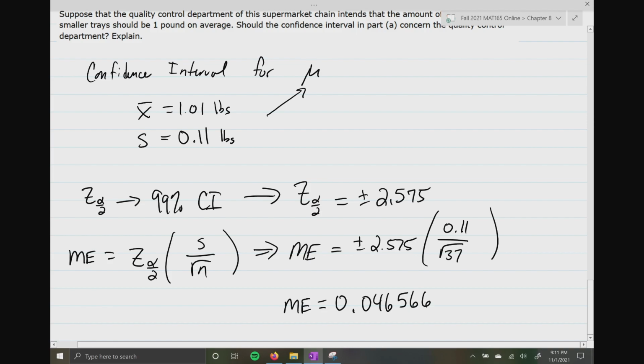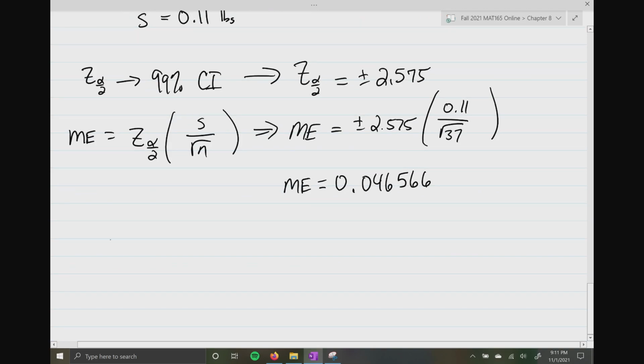So finally, my confidence interval, x bar minus my margin of error, which is less than mu, which is less than x bar plus my margin of error. So the only thing I need to do is just go ahead and calculate this.